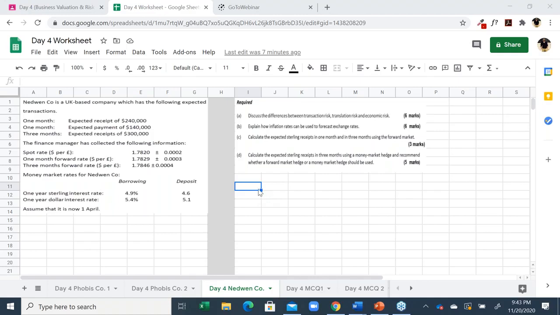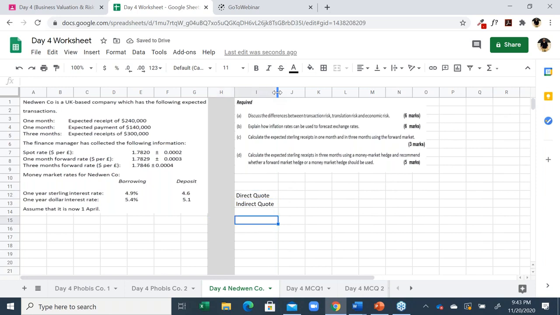Okay, Asher is asking, sir, what is meant by direct quote and indirect quote? Let me explain it. In Pakistan, our currency is rupees, right? If the exchange rate here in Pakistan is quoted in rupees, that is called a direct quote for us.